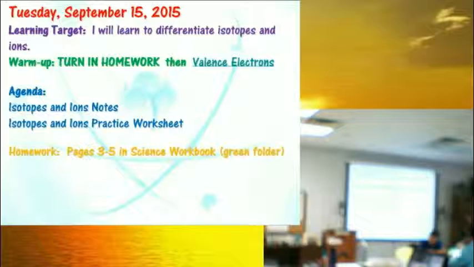Okay, so remember, valence electrons are these A numbers right here. So oxygen is right here, so we must have how many? There you go, that's all there is to it. Okay, remember how to do this? Valence.